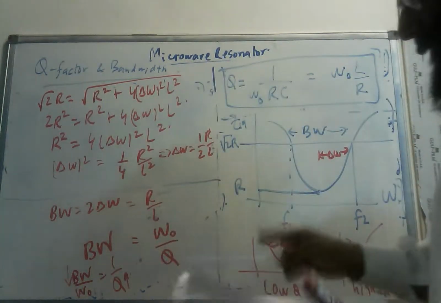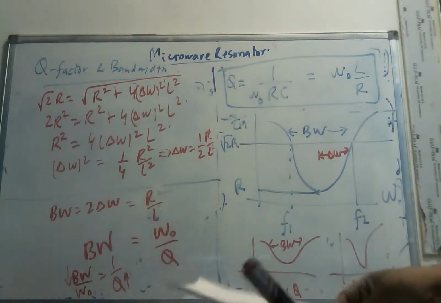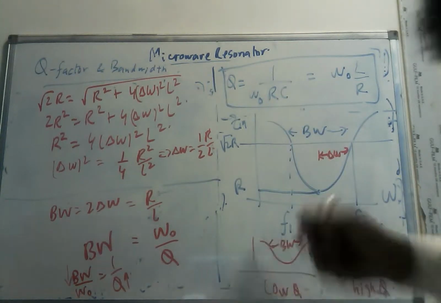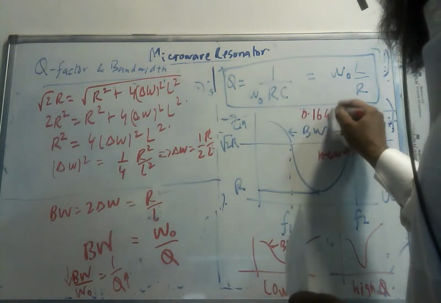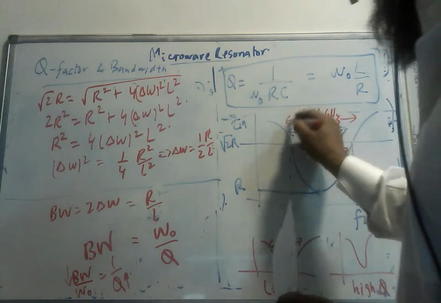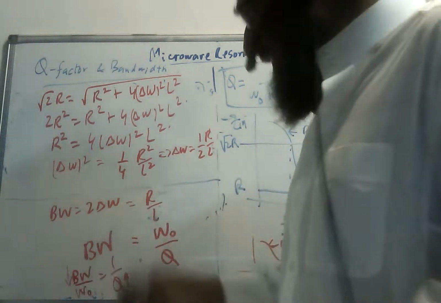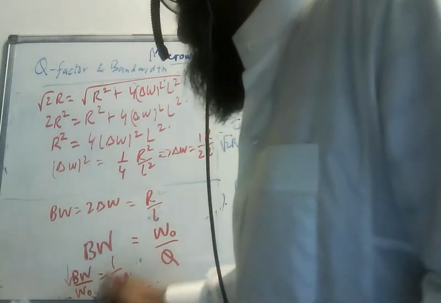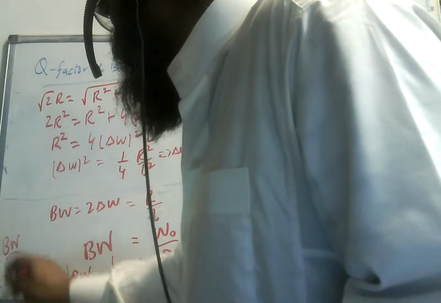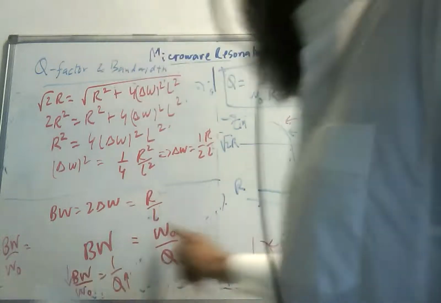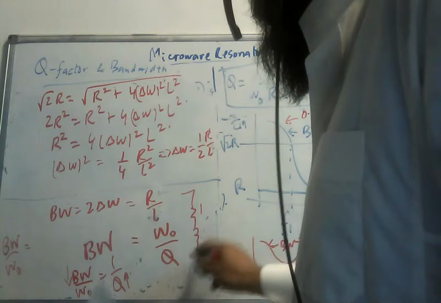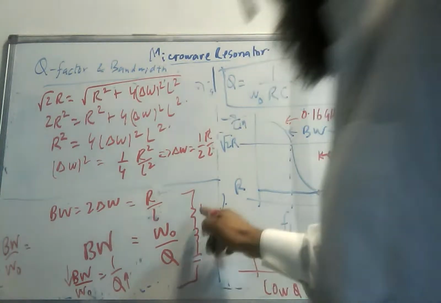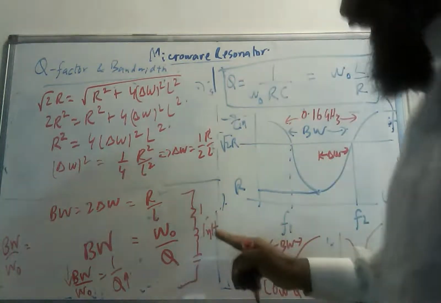Now let us go back to the previous question, in which we found the bandwidth to be 0.16 gigahertz. So let us put it here. The bandwidth over omega naught should be equal to R over L, and in that circuit this was 1 nanohenry and the resistance was 1 ohm.